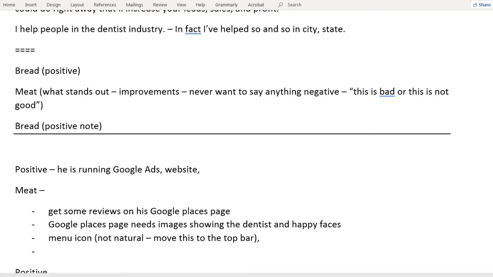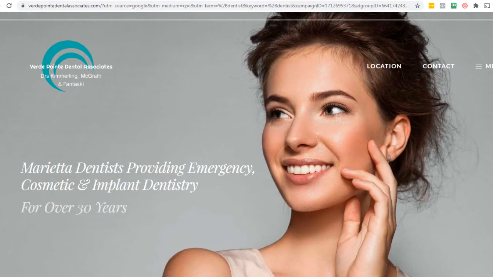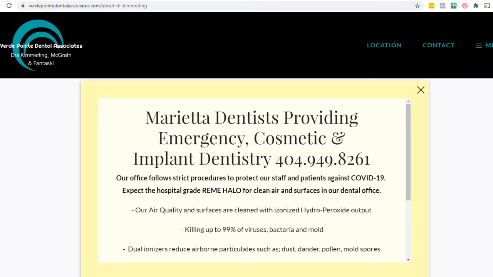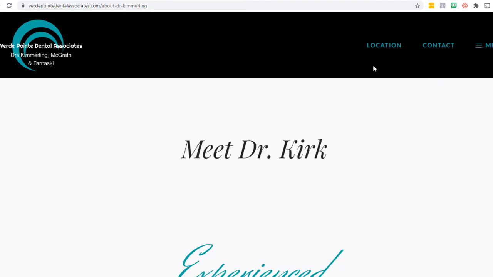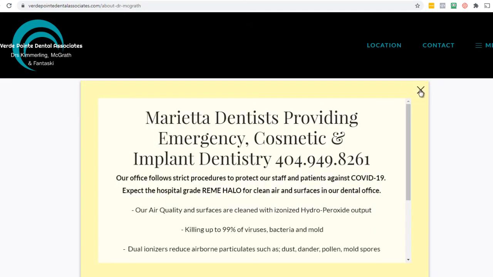All right, so let's go back here. So let's take a look. Another thing that is kind of annoying that I noticed that just keeps appearing is this box here. So every time I open a new page, this little box appears. So that's really annoying.